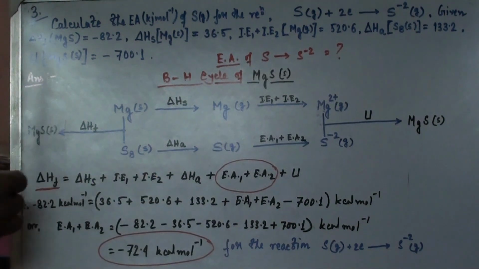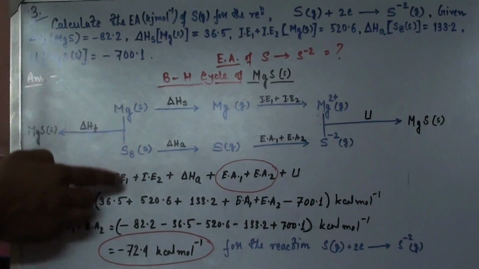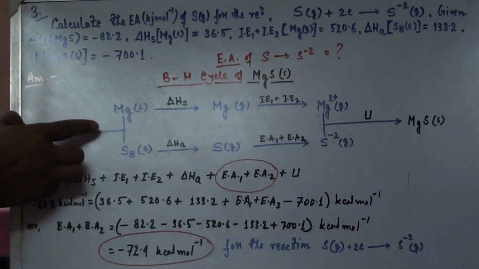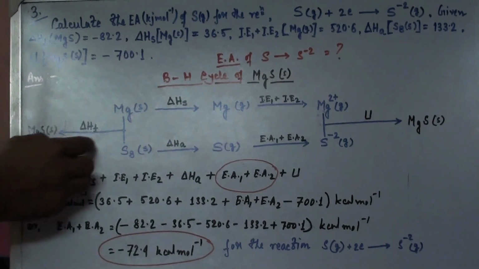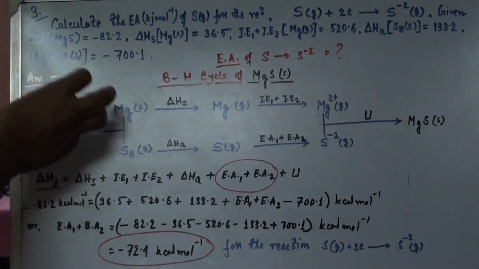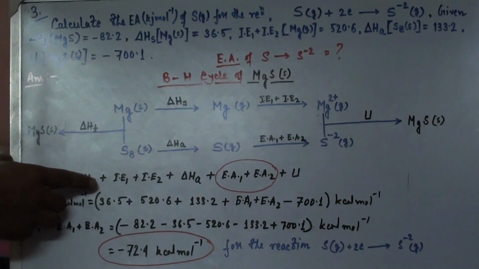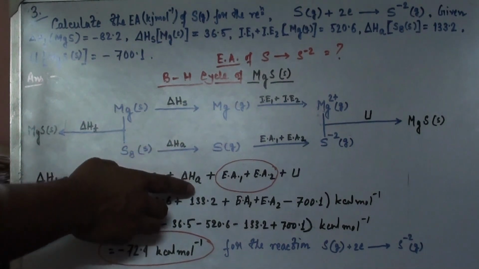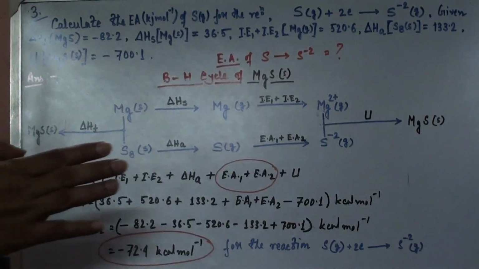And on the left side, magnesium solid and sulfur solid combine with each other to form magnesium sulfide directly, and the process is called formation of magnesium sulfide, and the energy involved is called delta H formation. So from Hess's law, delta H formation is nothing but delta H sublimation plus ionization energy 1, ionization energy 2 plus delta H atomization, electron affinity 1, electron affinity 2 and U, the lattice energy.